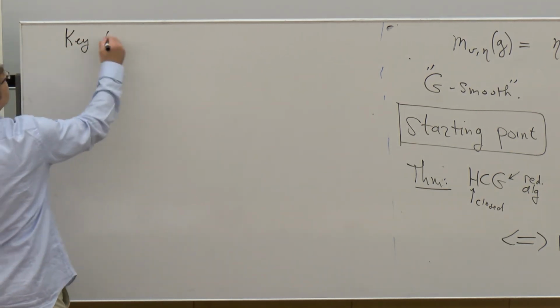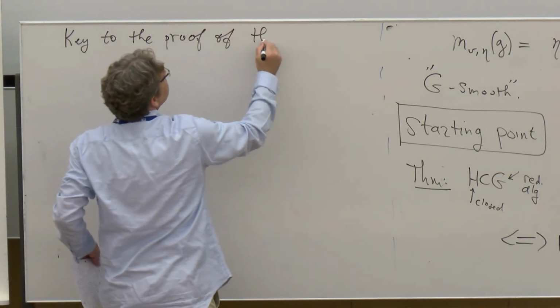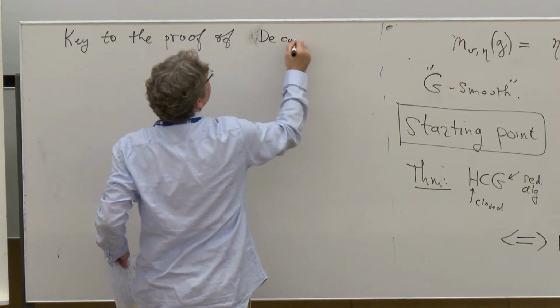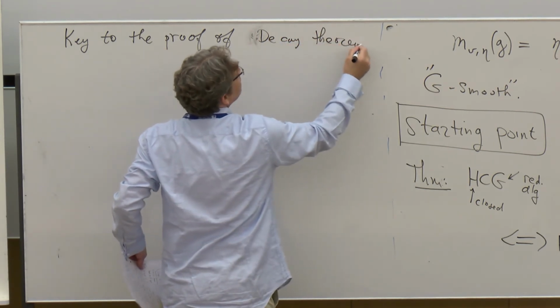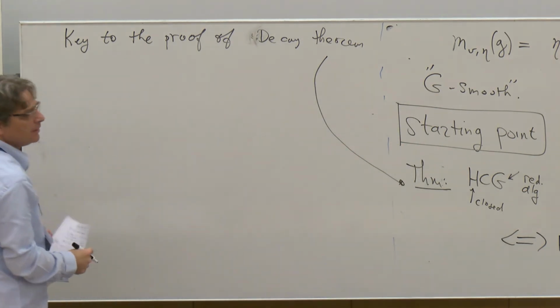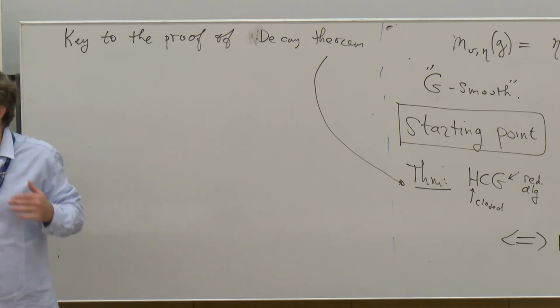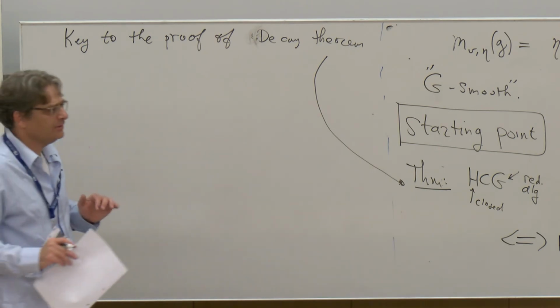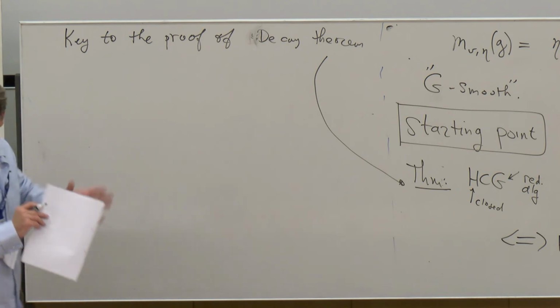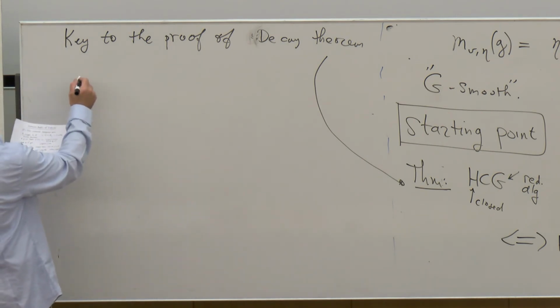So the key to the proof of the decay theorem, this theorem, it has 2 sides. It's relevant for one of them. So it's relevant for the side that we thought we proved, and it took us a few years to understand that this was not going to work, until we understood better what's happening in Bernstein's paper.